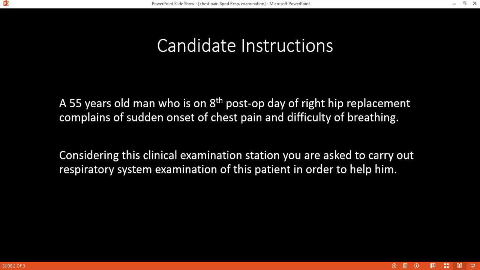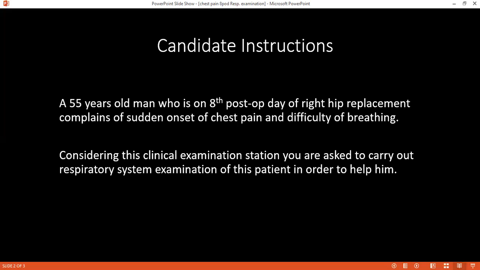Much better. Okay. So the main reason I'm here today is to examine your chest. But you obviously look so distressed. Yes, I am.